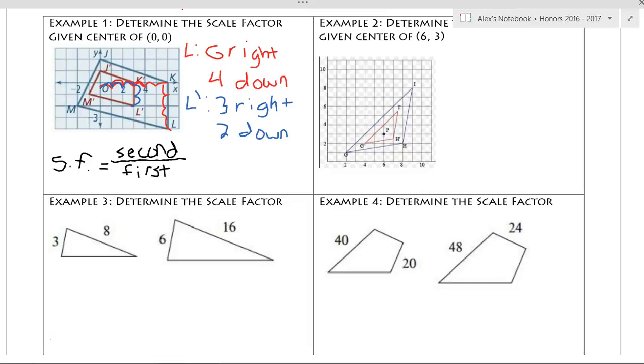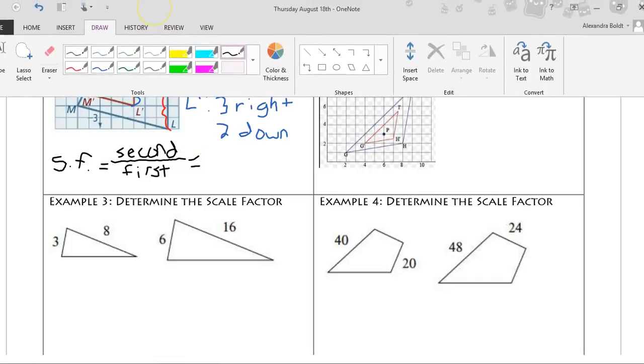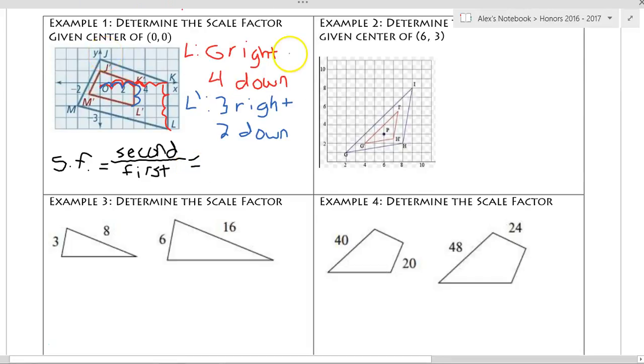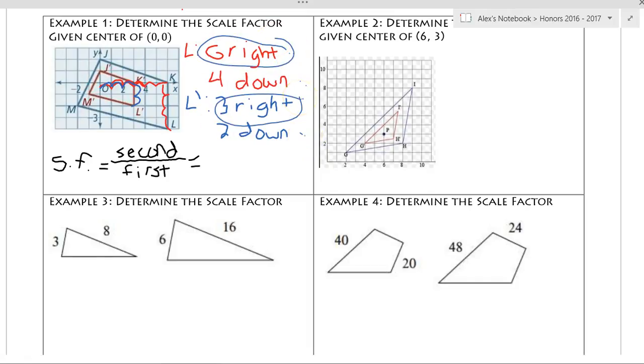So that has to go on top in your numerator. Now, I can choose either of these. I can choose the rights or the downs. It doesn't matter. So I just usually choose whichever one's on top. You'll get the same thing whichever one you choose, as long as you choose the same one. You can't choose right up here and down there. You've got to choose the same direction.